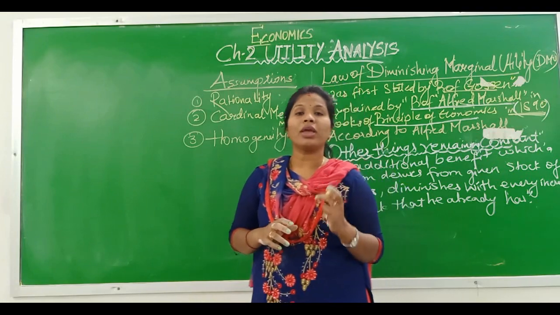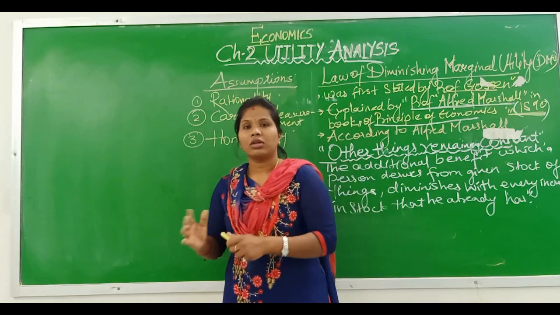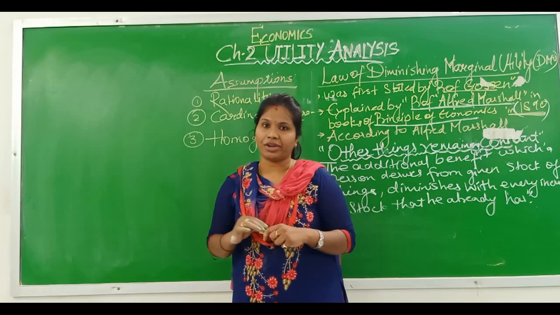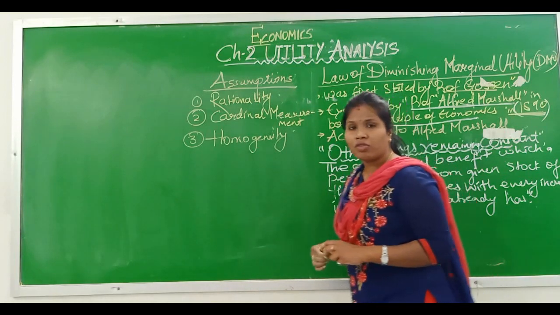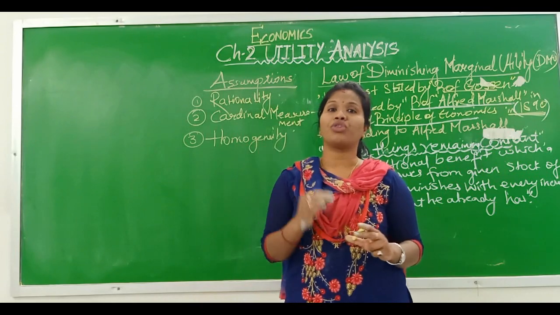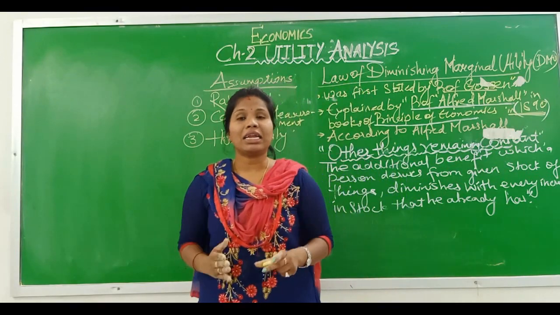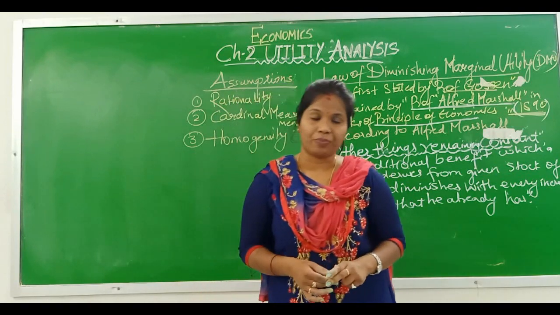If he is consuming chapati, it should be of standard size, texture, color, quality, quantity. So whatever units he is consuming should be homogeneous, the same and identical in color, shape, size, structure.